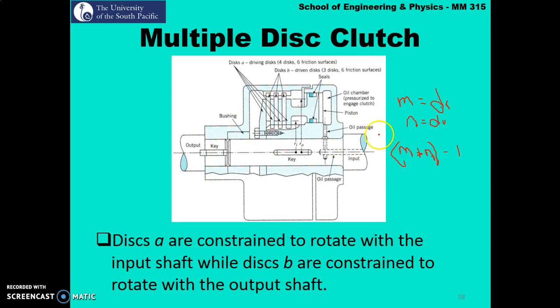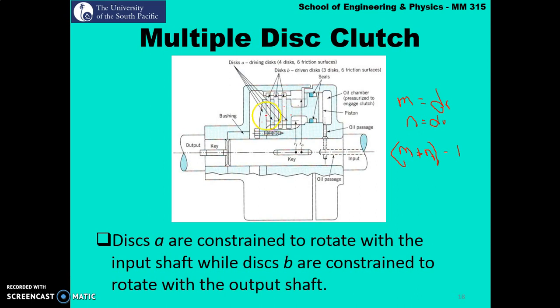In this case we have 4 discs on the driving shaft, and we've got 3 discs on the driven shaft. Can you tell me how many friction surfaces you have? 4 plus 3 is 7. 7 minus 1 is 6 contact surfaces.